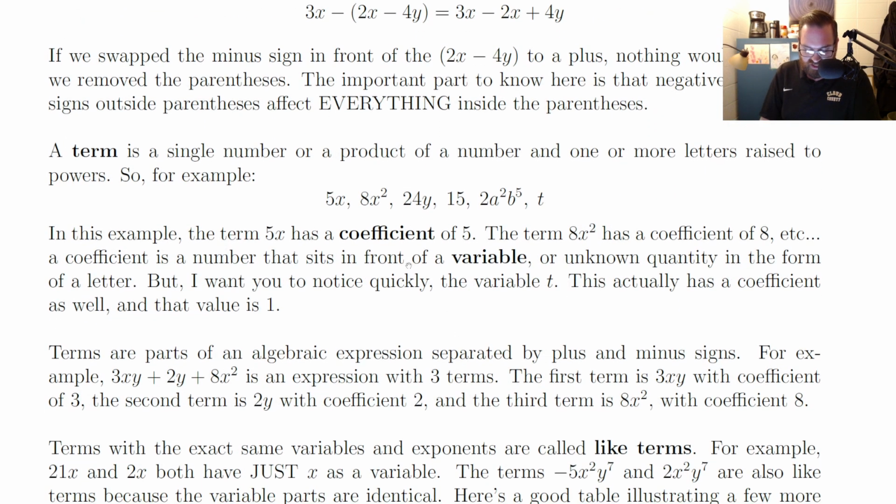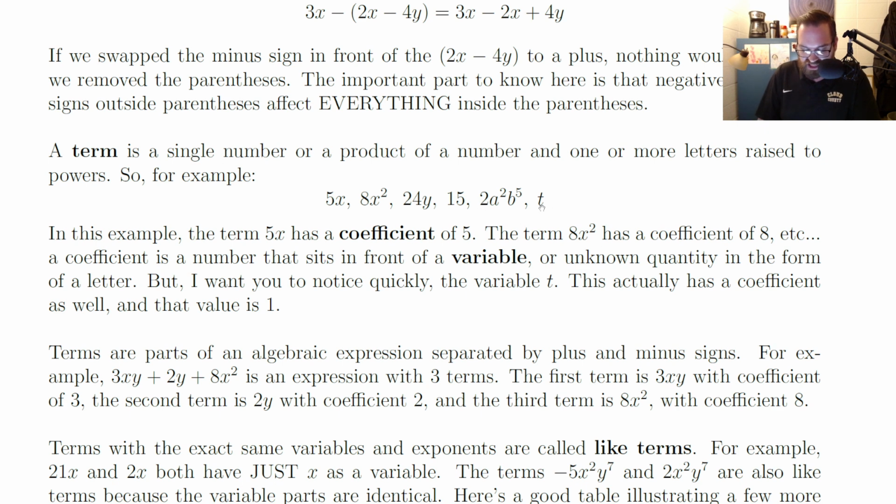The word coefficient is a number that sits in front of a variable. If you have a number sitting in front of a letter here, so 5, that's the coefficient. 8 is the coefficient here. 24, we'll talk about that one in a minute because it's kind of a unique situation. It's not really a coefficient. The 2 here is a coefficient.